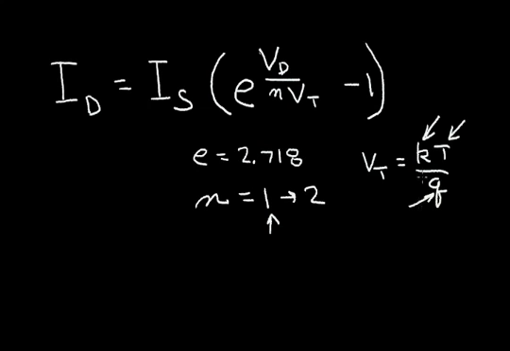Now at room temperature, VT is approximately 26 millivolts, or 0.026 volts.